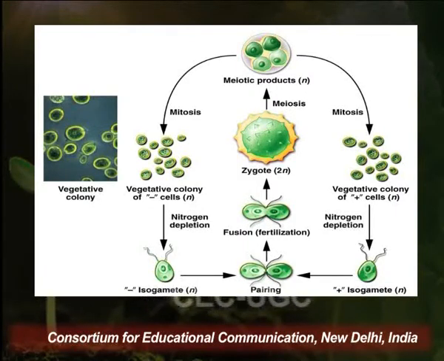You can see on your screens it's a case of zygotic meiosis. And the meiotic products are again two of the mating type plus and the remaining two of the mating type minus.